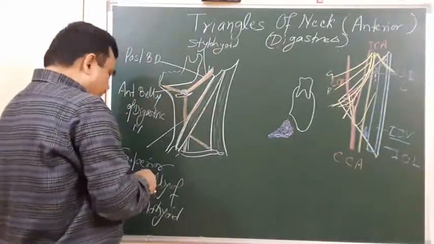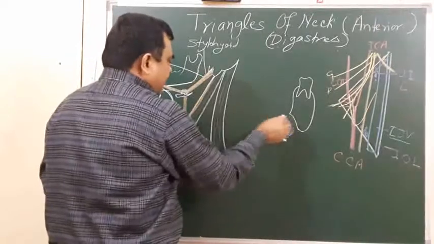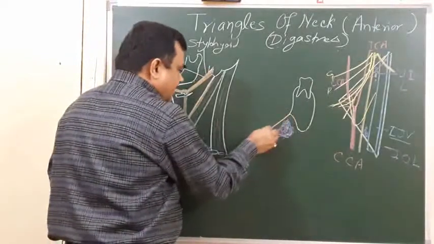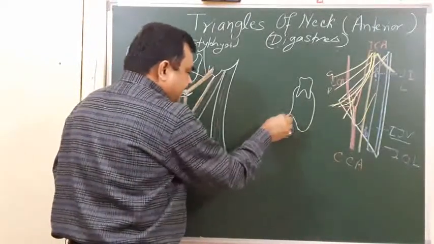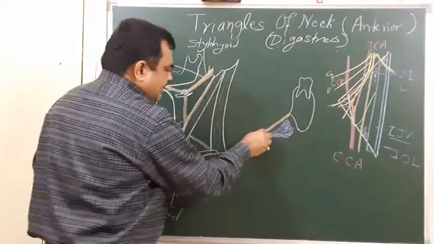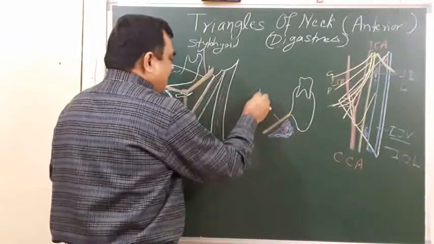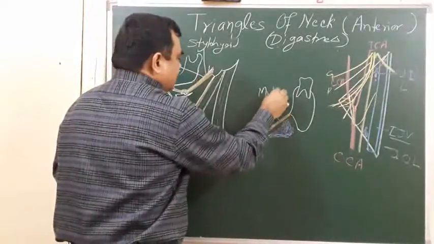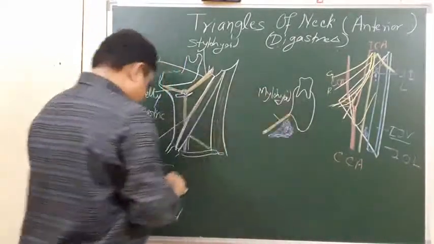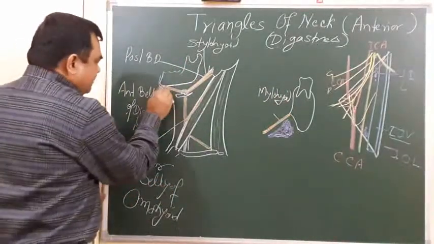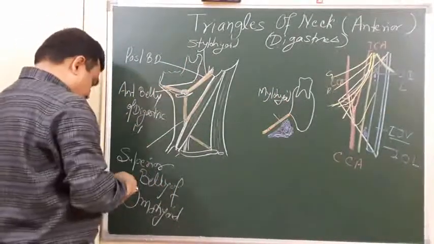And for its floor, in this diagram we make the floor. The floor is formed by this muscle, the mylohyoid muscle. If you make it in this diagram, this muscle is present here.